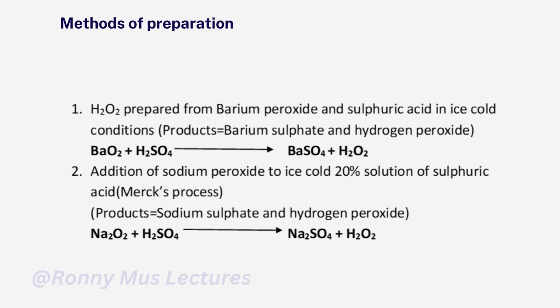Then you can also use the MAX process, whereby this involves addition of sodium peroxide to ice cold 20% solution of sulfuric acid. And sodium peroxide plus sulfuric acid gives you sodium sulfate plus hydrogen peroxide.